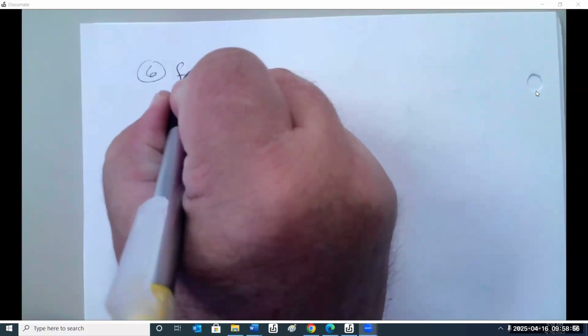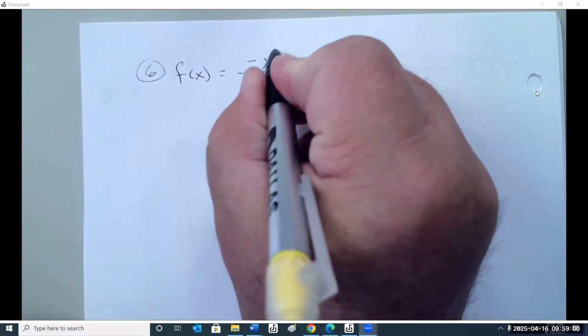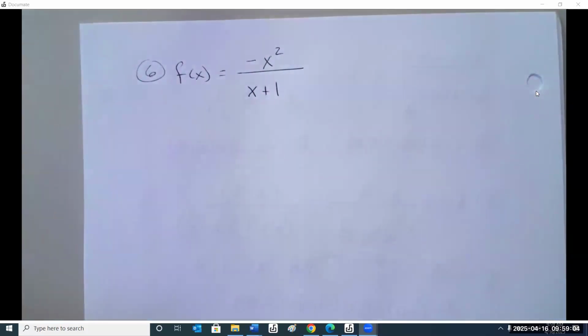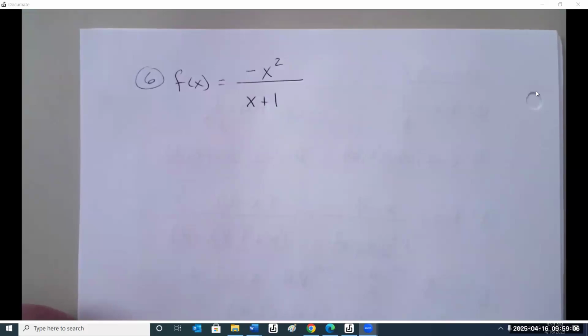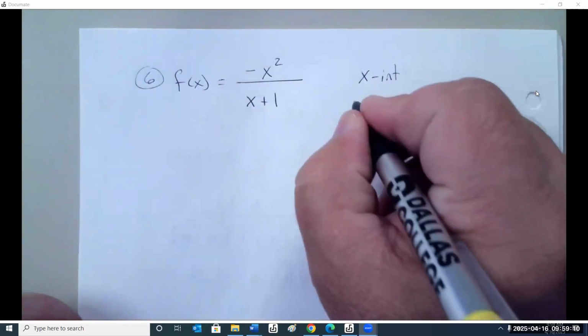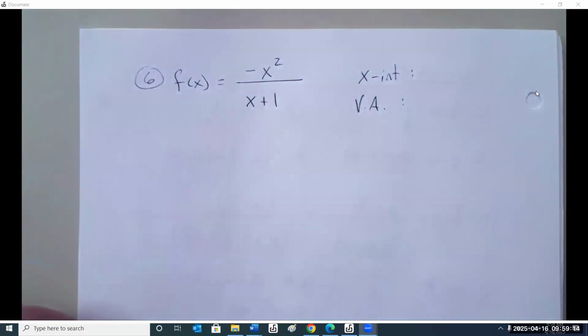One more. This one is 6. F of x equals negative x squared over x plus 1. What's my x-intercept and what's my vertical asymptote? So there's another one.